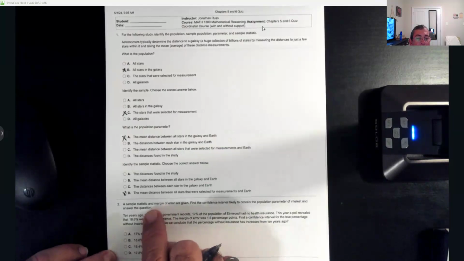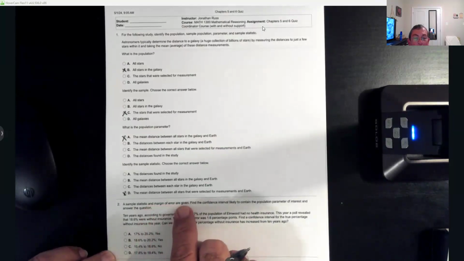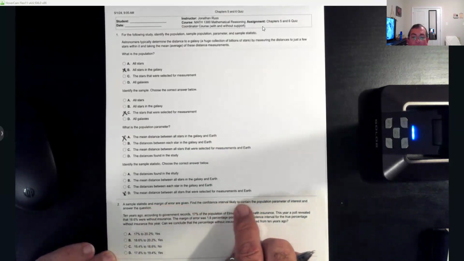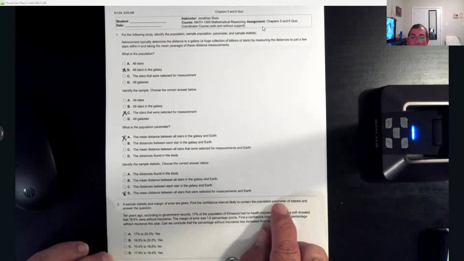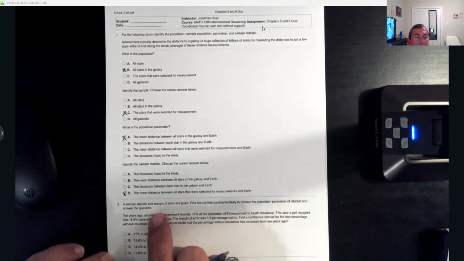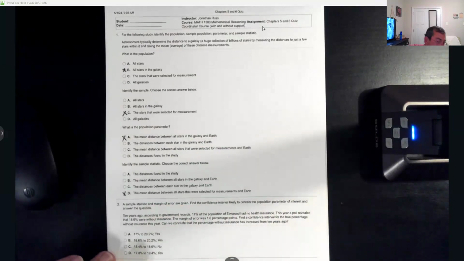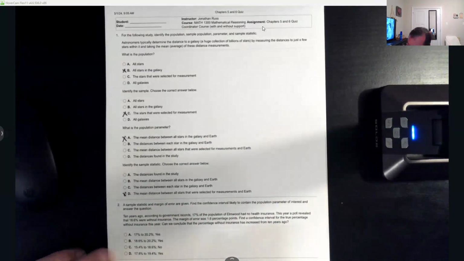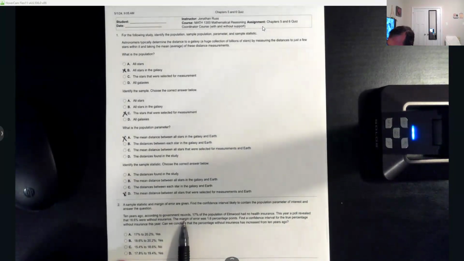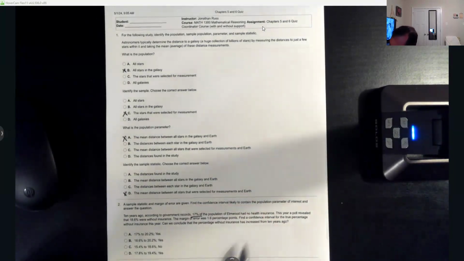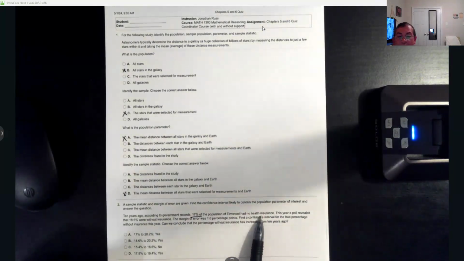All right, y'all. So number 2, they're giving me a sample statistic and a margin of error. We want to find the confidence interval likely to contain the population parameter of interest and answer the question. So y'all, let me see what they're saying here. 10 years ago, according to the government records, 17% of the population of Elmwood had no health insurance.